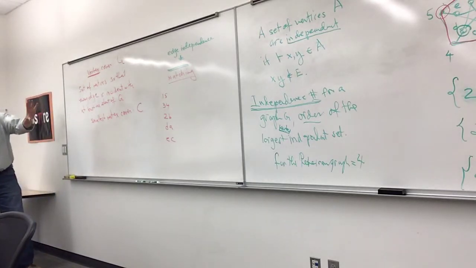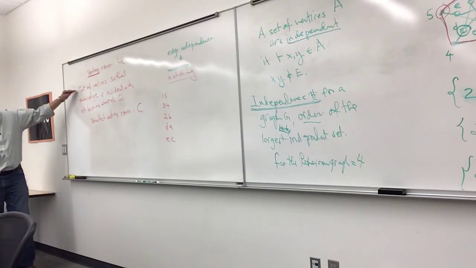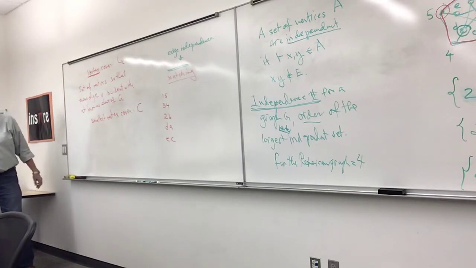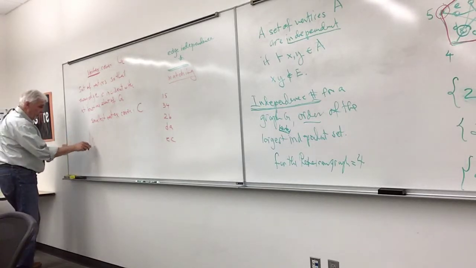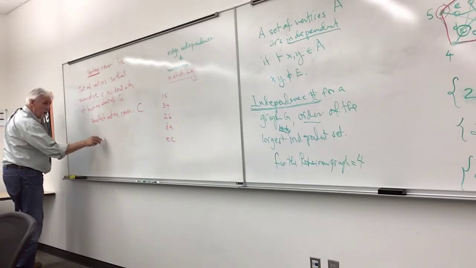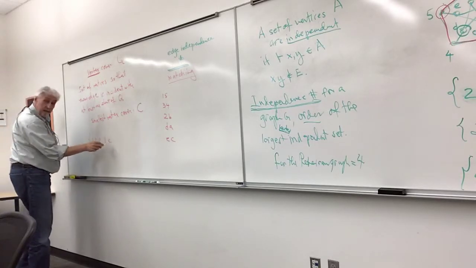So wait a second. Those are a set of edges that cover all the vertices. I need a set of vertices that cover all the edges. So 1, 3, 2, B, E. Oh, I see. 1, 3, 2, B, E. Like that?